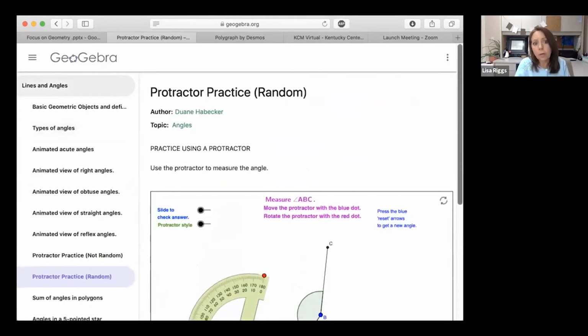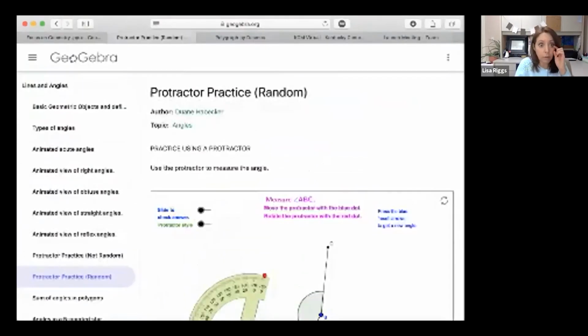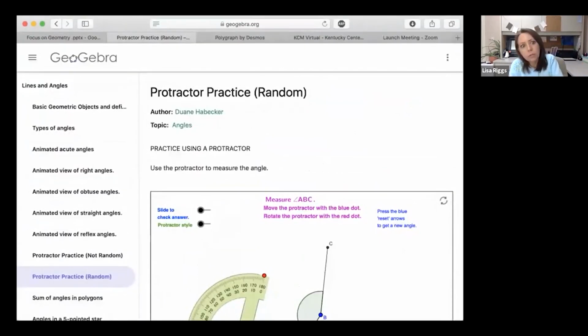These are applets that were already made by this author, but if you wanted to get in and play with it, you can also do some things in there as well, and your students might be able to do that with drawing lines and angles and rays with GeoGebra. And I know one of our other RCs, Leah White, is good at GeoGebra. She knows a lot more about it than I do. She's had a lot more practice, but it is a nice virtual tool.